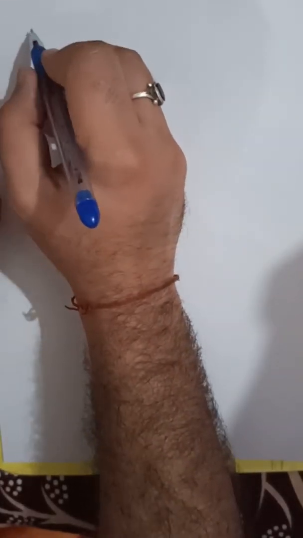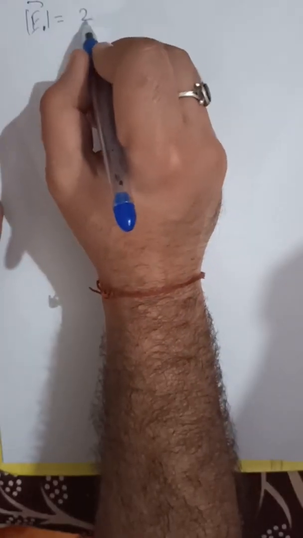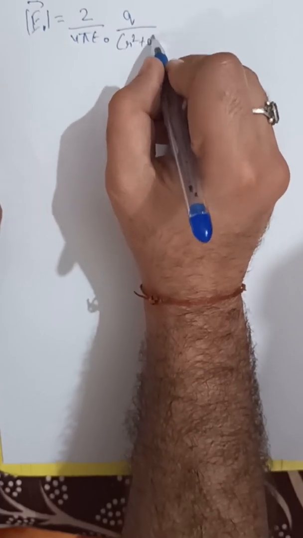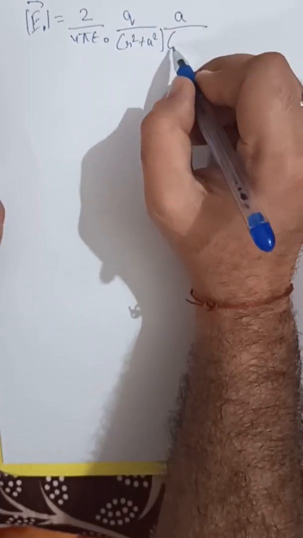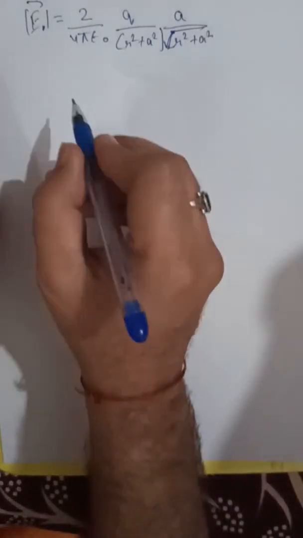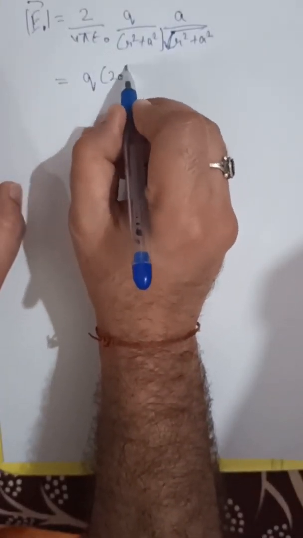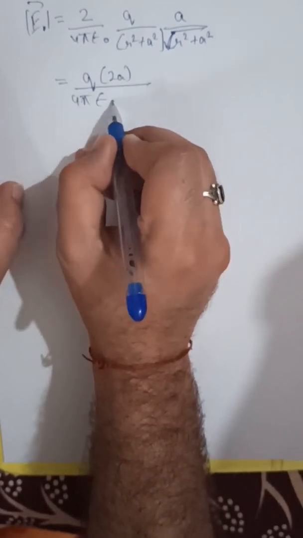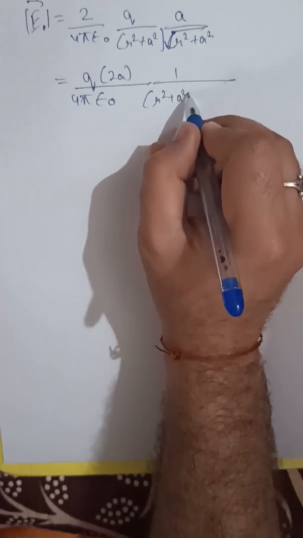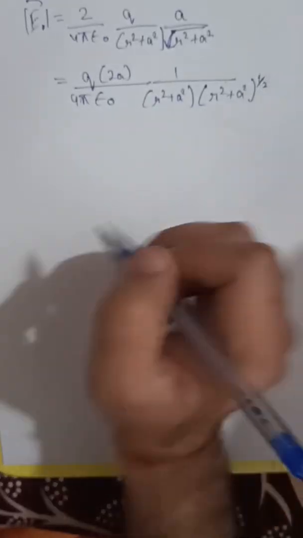So putting in the value of BC, we get E is equal to 2 upon 4 pi epsilon naught Q upon (R square plus A square), A upon under root of R square plus A square. We can combine this as Q upon 4 pi epsilon naught upon, because under root is 1 by 2, so I can write 1 by 2.